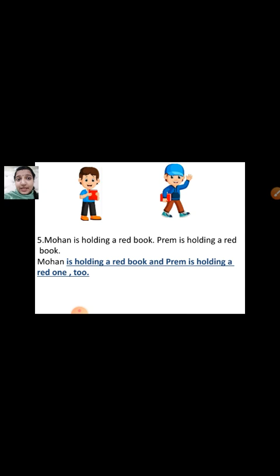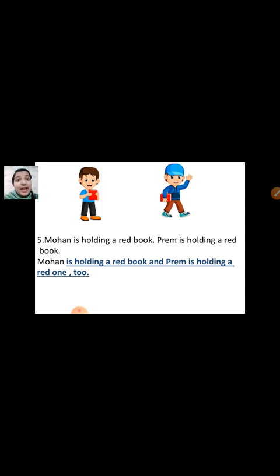Again I am repeating this question. Mohan is holding a red book. Prem is holding a red book. Book is there. Red is also there. Remember, the answer is Mohan is holding a red book. How to connect the word with the help of and?